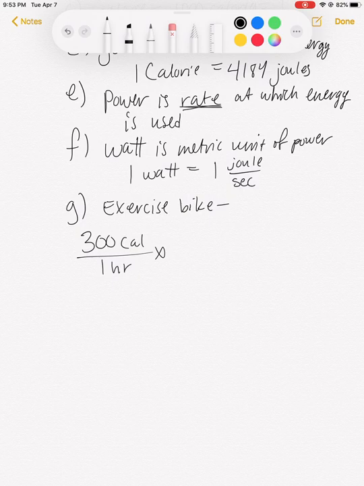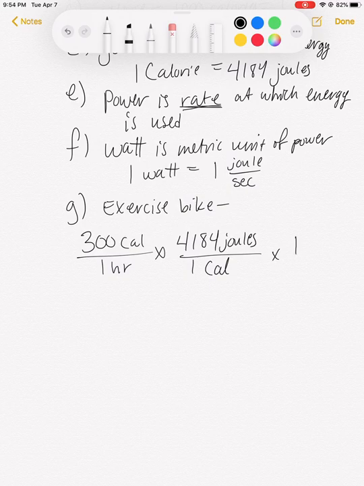So 300 calories for 1 hour. Convert those to joules: 4184 joules for 1 calorie, big C calorie. Now we're going to go from hours to seconds. So we need to get joules per second to get our watts. So we're going to convert our hours to seconds.